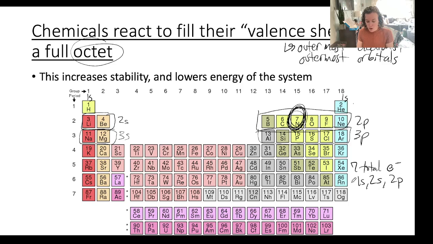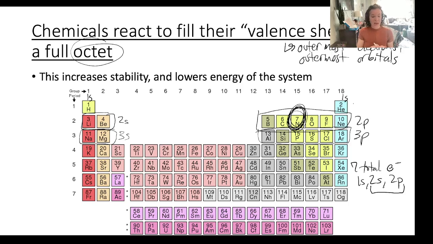However, if we're looking at what is in an outermost orbital, that would only be the 2s and the 2p, because the 1s is on the inside and the 2s and the 2p are on the outside. Remember from periodic trends, as we add orbitals moving down the table, the atomic radius gets bigger. So that should tell us that we need to look at the outermost orbital. 1 is on the inside, 2 is on the outside. So how many total valence electrons are there? We should not count from the 1s.